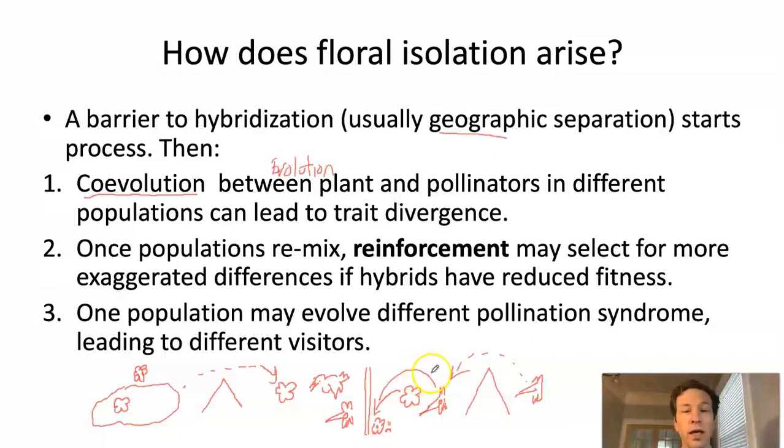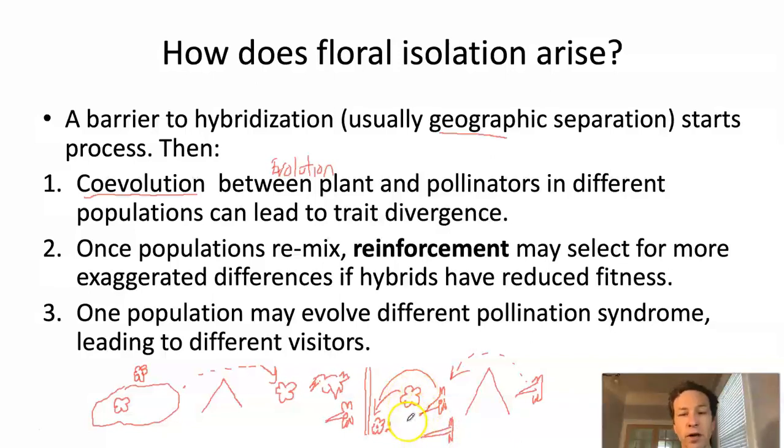As a result, in this area where both species now occur, we get selection for even more dramatic differences. So this tubular flower becomes really tubular, and maybe it becomes really zygomorphic instead of just a little bit like it was before.